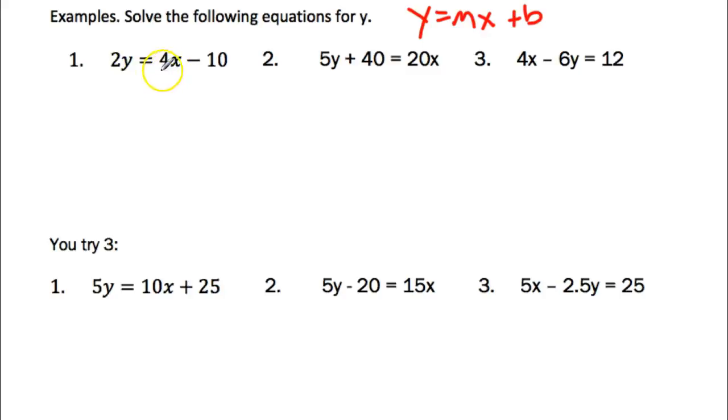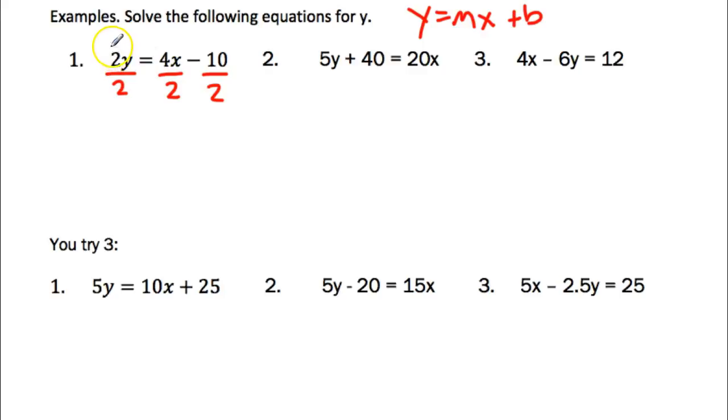2y equals 4x minus 10. So to get y by itself, this says 2y right here. That means 2 multiplied by y. So we do the inverse of that, and we divide by 2. Over here, I'll divide by 2, and I'll divide this by 2 as well. So if I divide by 2 on this side, I need to divide everything on this side by 2.